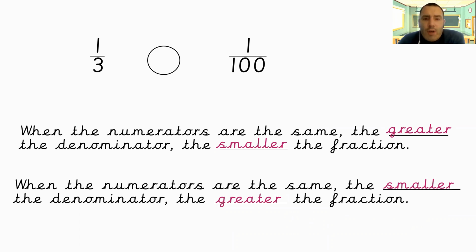So using that as a rule, we've got 1/3 and 1/100th. 1/3 is greater than 1/100th because what we've got is split into 3 pieces, and having one of those 3 pieces has a lot more value than if you've cut something into 100 pieces and you've got one of those 100 pieces.